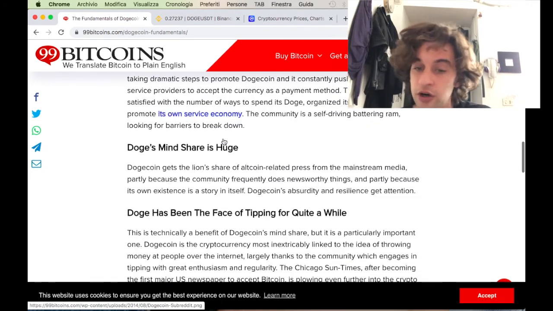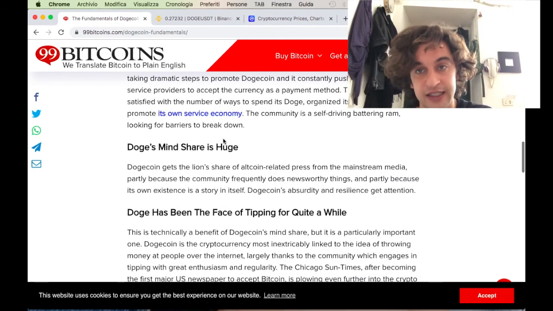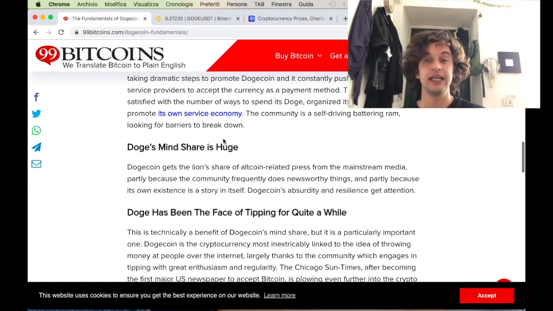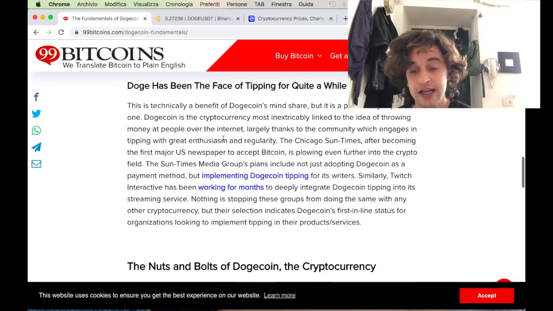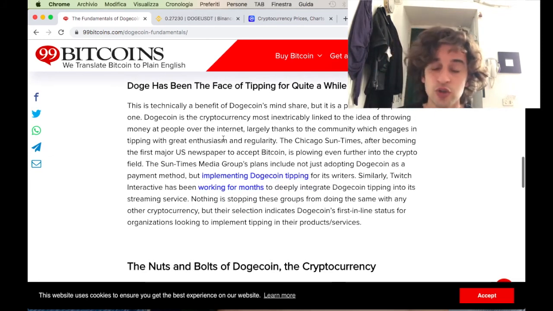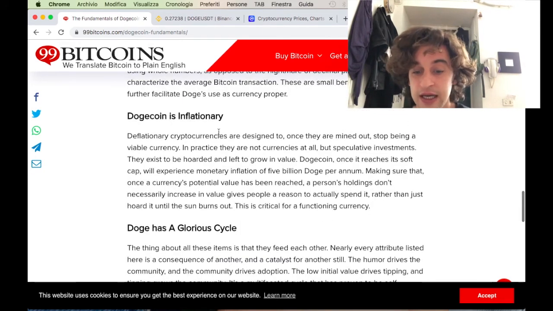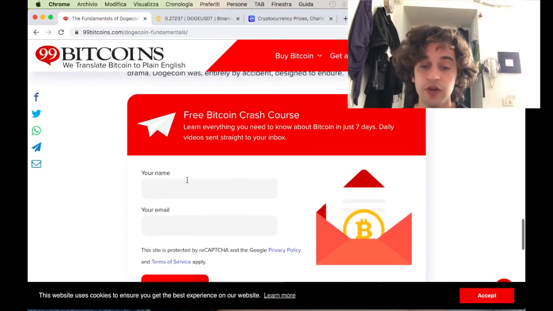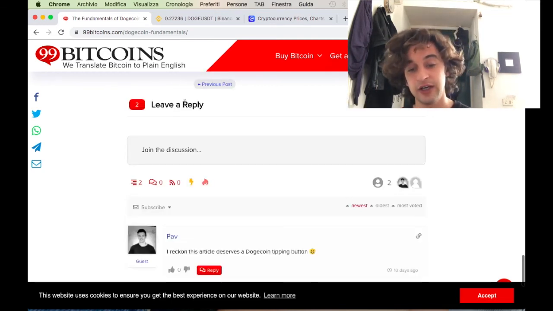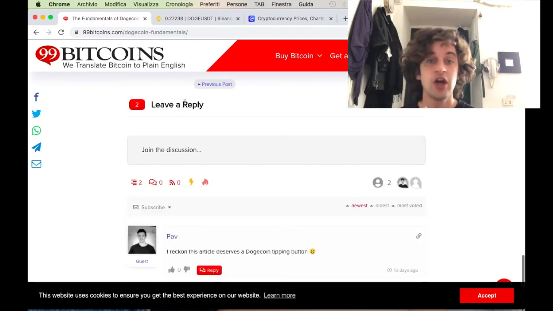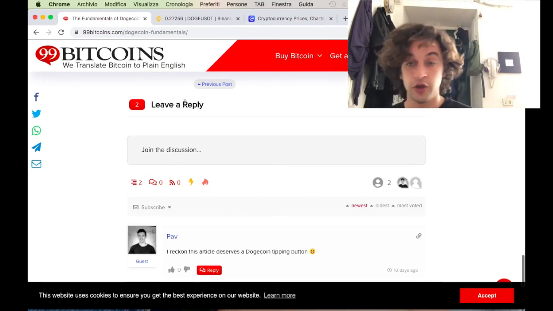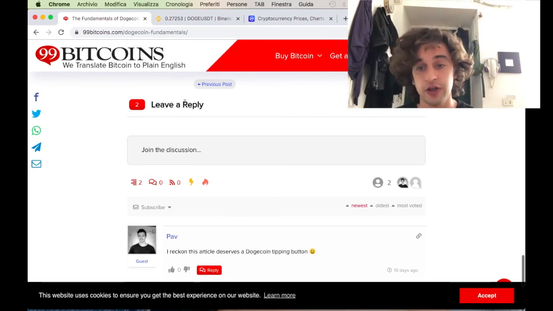It has a lot of fans, a lot of people behind it, simply because Elon Musk, one of the biggest investors in Dogecoin and also Bitcoin, decided to go behind it. So there's a lot of FUD around it, and a lot of FOMO when there happens to be a tweet from Elon Musk. So Dogecoin has to be looked at carefully. You have to understand yourself, you have to see it with your own eyes whether you want to invest in Dogecoin or not.